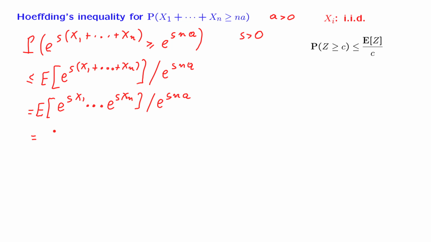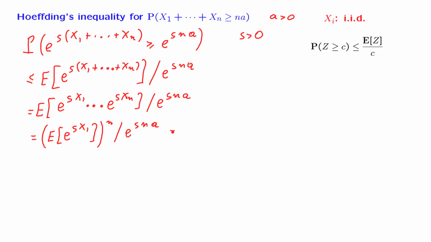So we're going to multiply the expected value of e to the sx1 with the expected value of e to the sx2 and so on, but because all the xi's are identically distributed, the terms that we get are all the same. So we get this term to the nth power divided again by e to the SNA.